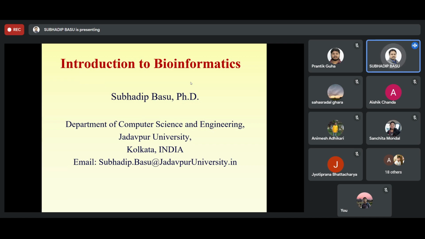Again, keep in mind that the bioinformatics we are studying here, we have formulated the syllabus in the form of an elective subject in a Masters of Computer Science and Engineering course. Okay, so this is essentially a computer science course, and we would like to see how we can actually solve the biological problems using computational algorithms.